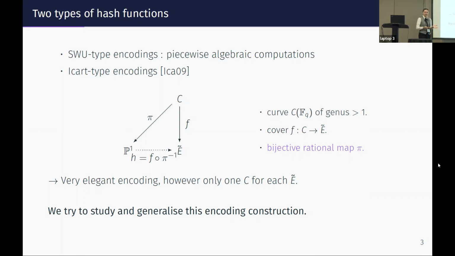And this is exactly what we will be trying to do today. For this, we will consider two steps. The first one is to be able to build curves C that have a bijective rational map toward P1. And the second step is, given the curve C, to find covers toward the elliptic curve Ẽ.